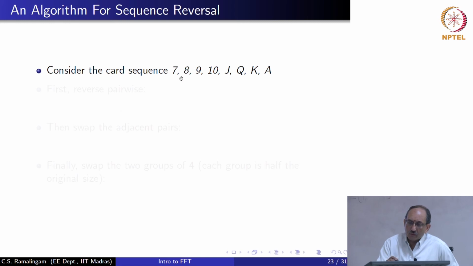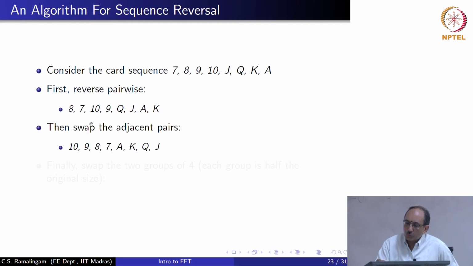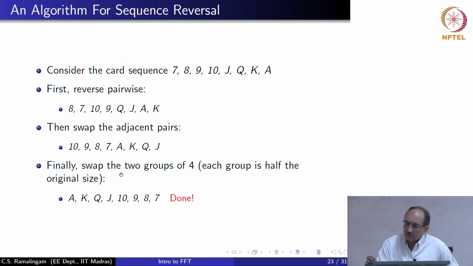And if you have a card sequence 7, 8, 9, 10, Jack, Queen, King and Ace, if you want to reverse this, first you do pairwise reversal 8, 7, 10, 9, Q, J, A, K, and then you swap the adjacent pairs. So 8, 7, 10, 9 becomes 10, 9, 8, 7, and then finally swap the 2 groups of 4. So you have reversed the sequence.